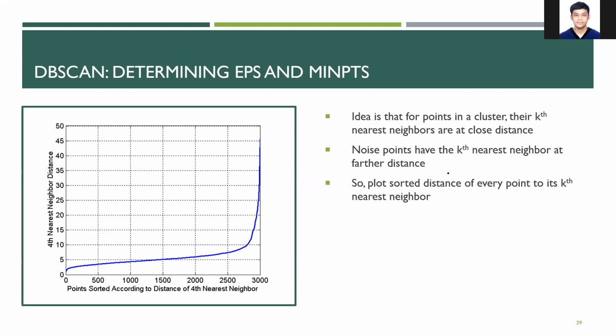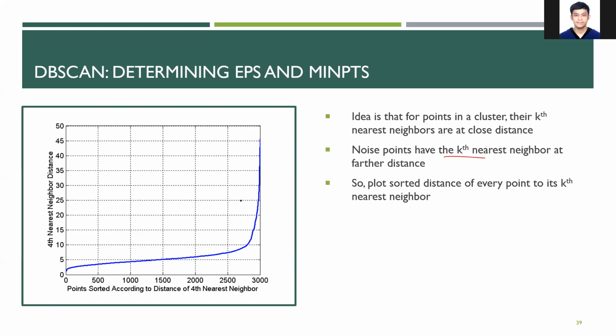This is how to determine the EPS and minimum points. The idea is that points in a cluster have k nearest neighbors at a close distance, while noise points have their k nearest neighbors at a farther distance.